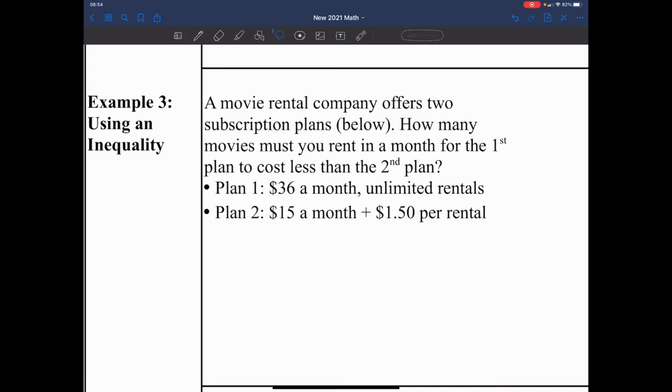So let's go ahead and set this up. So I know that 36 is going to be less than, because it says cost less, $15 plus $1.50, and then x is the number of rentals.